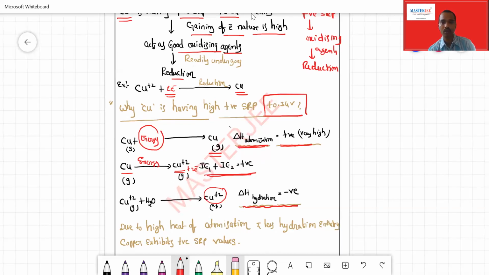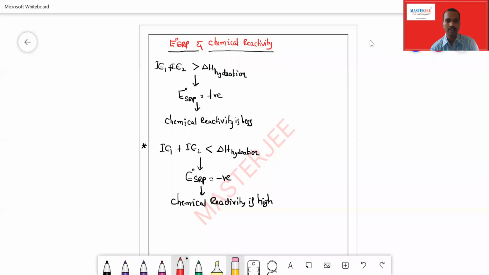Next topic: standard reduction potential values and chemical reactivity. How are these two related? When ionization energy 1 and 2 are greater than hydration enthalpy, its standard reduction potential values are positive.